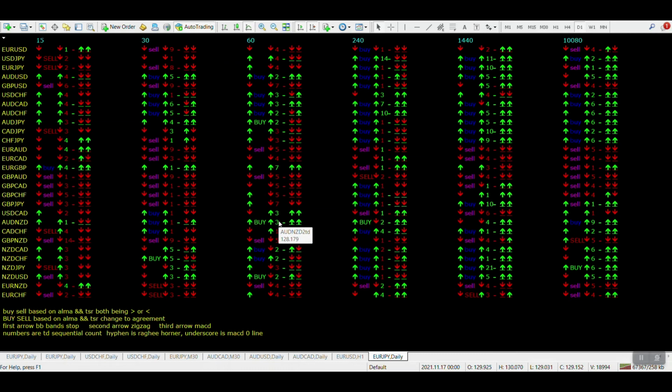I might forget what TD stands for, so I'll put numbers are the TD sequential count. Hyphen is Raggy Horner. Underscore is the MAC 0 line. Anything like that you can put to help me remember is a good thing.